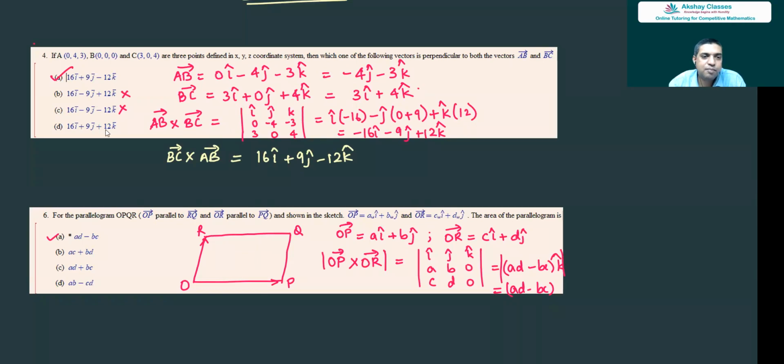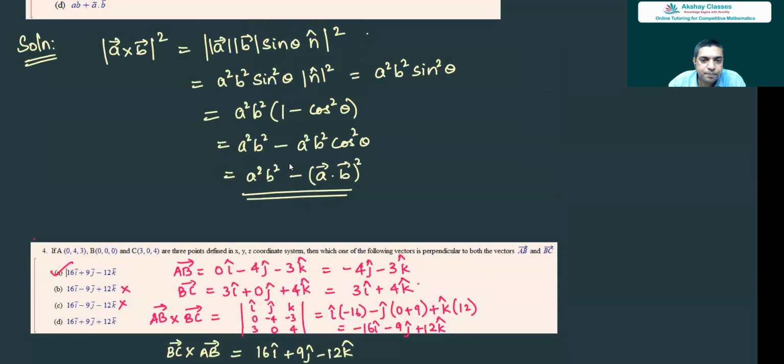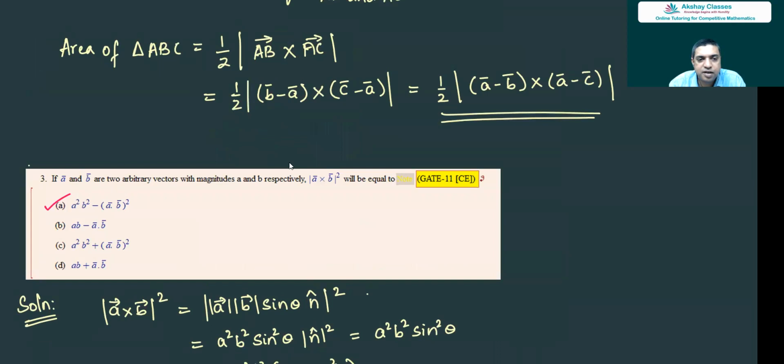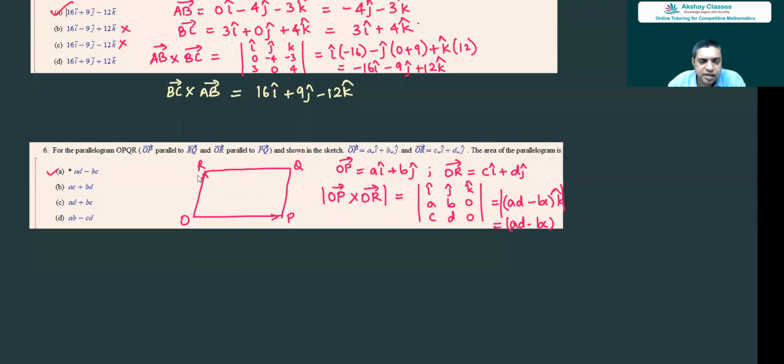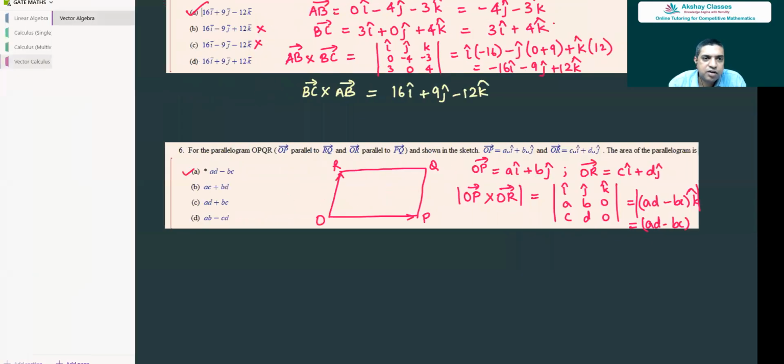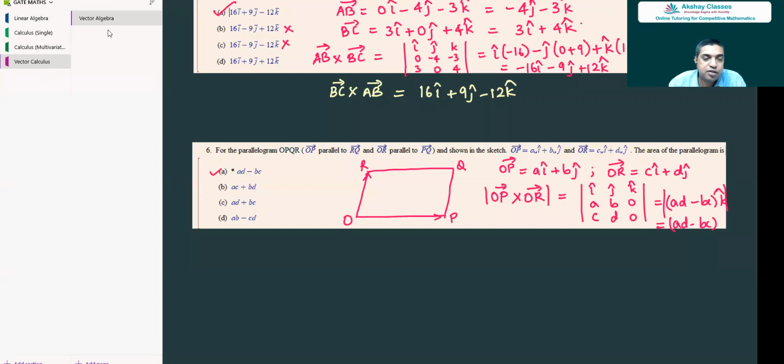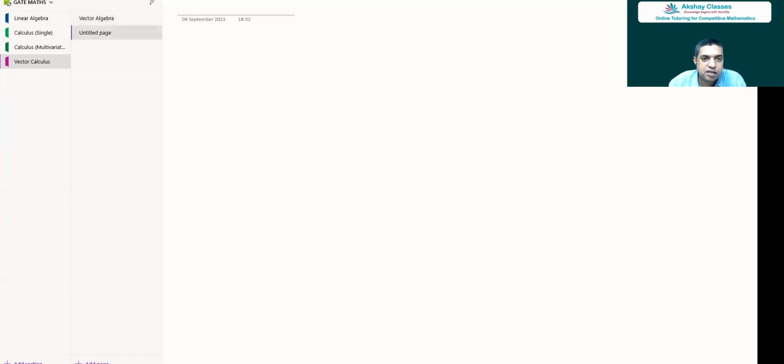The rest I have a bank, but that I will give you for practice tests, not within class practice. So you can see that we get questions from vector algebra. Of course, vector calculus is so much more, and most of the questions are from vector calculus, but vector algebra cannot be neglected.